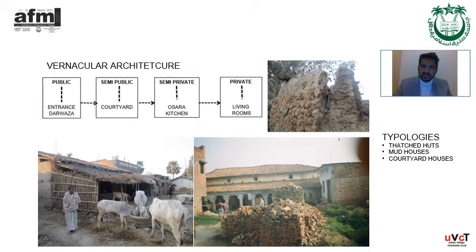Darwaza is actually a guest house that is especially used by the guests as well as the male members of the family. Semi-public space has a courtyard, which is again a gathering place for the female members. Semi-private area is osara and the kitchen. Osara is like a veranda, and private space have living rooms.